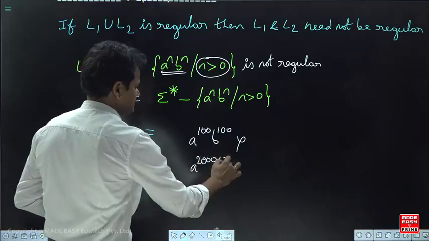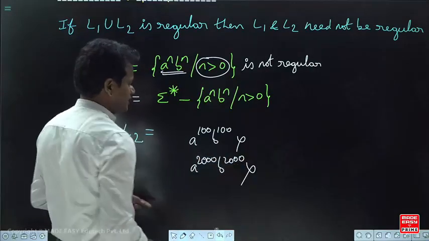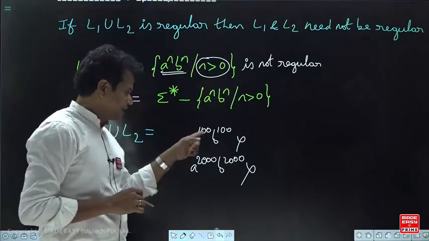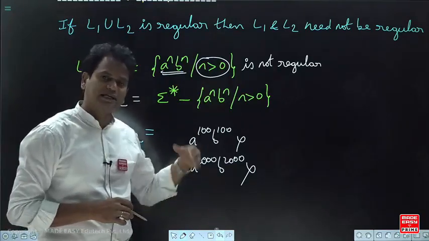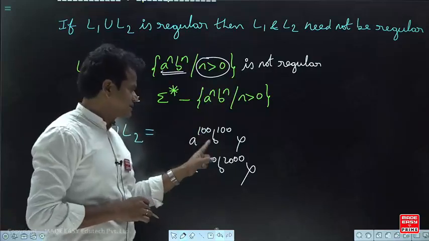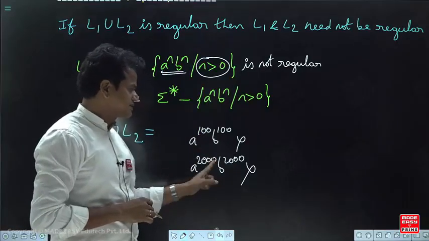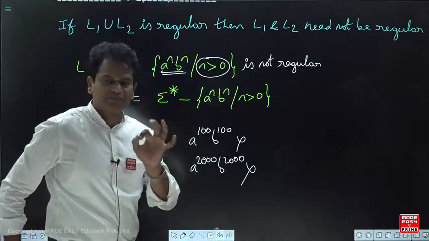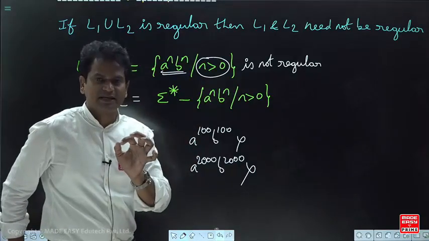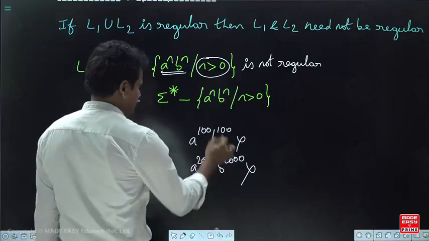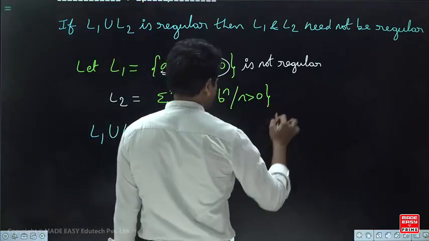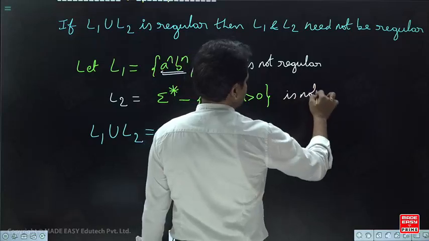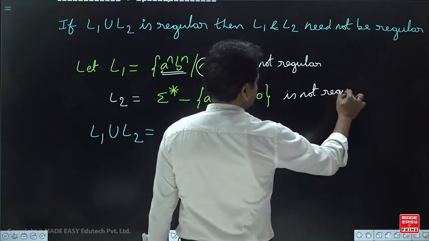Don't accept because this is also invalid. Like this, how many strings will be there? Infinite. So you should not accept all these, and you can accept the remaining. Whenever a string is given, I have to check whether the A's and B's are equal or not. If equal, don't accept, otherwise accept. So here comparison is infinite, so this is also not regular.